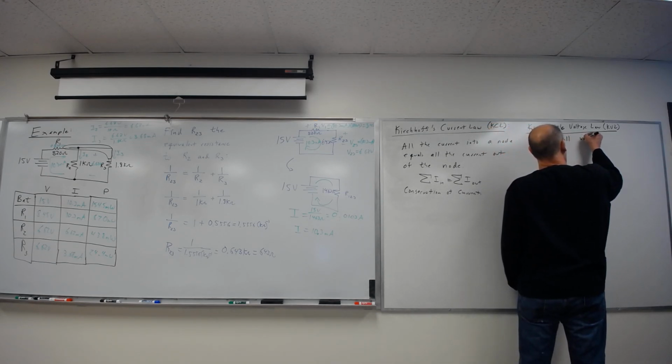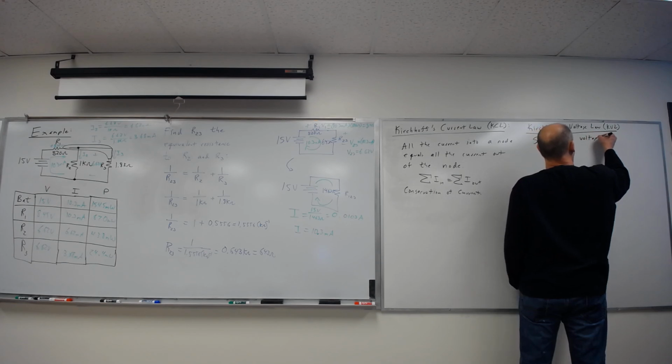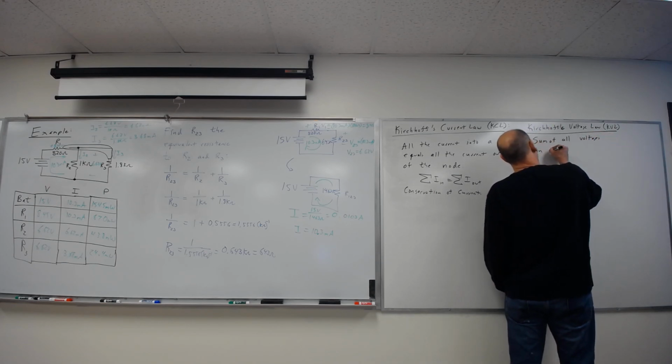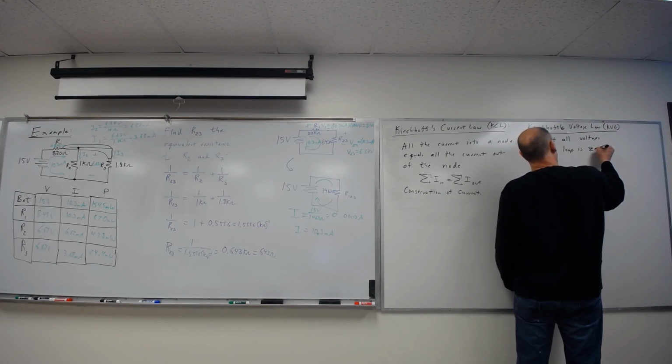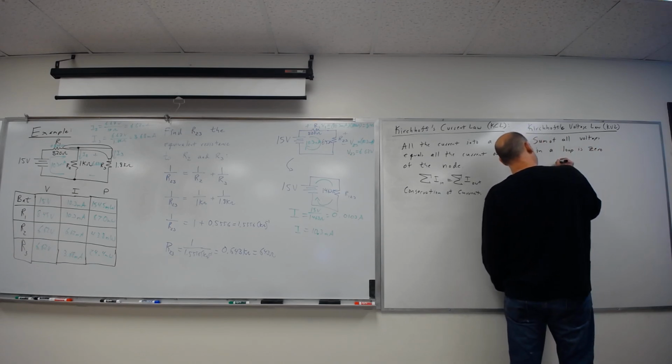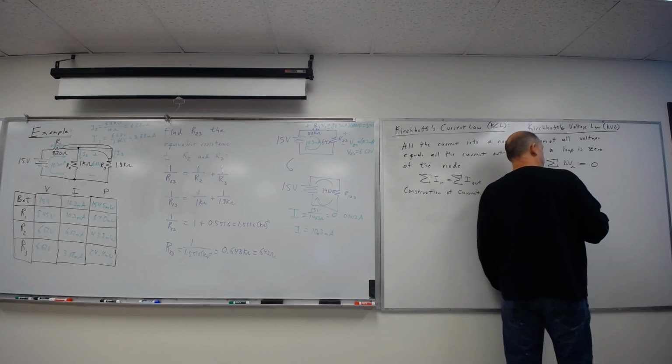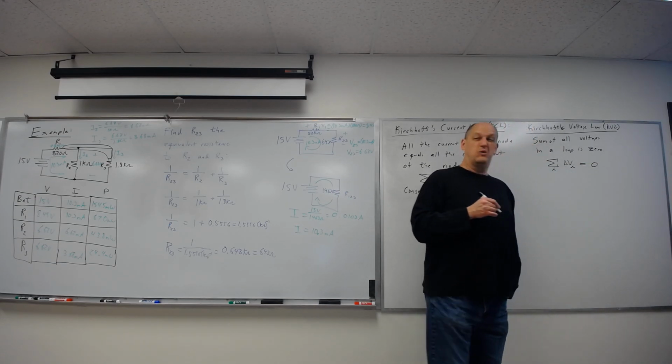Sum of all voltages in a loop is 0. This will frequently get stated as the summation of all the voltage drops is 0. Okay, what does that mean?